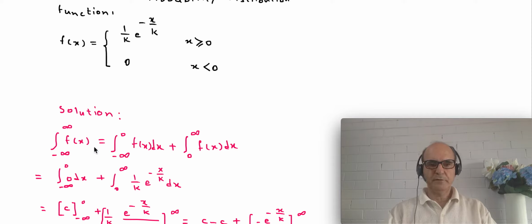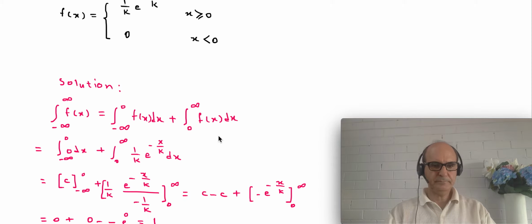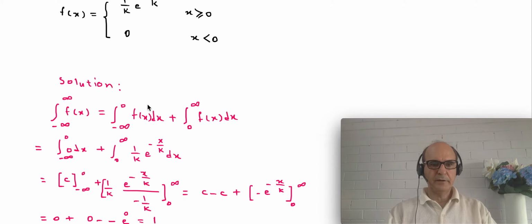So I split the whole range of values from minus infinity to infinity into minus infinity to 0 and then 0 to infinity, and then integrate. Alright, substituting for f of x, when x is between minus infinity and 0, it's just 0, and f of x is 1 on k e to the minus x on k for values of x from 0 to infinity.